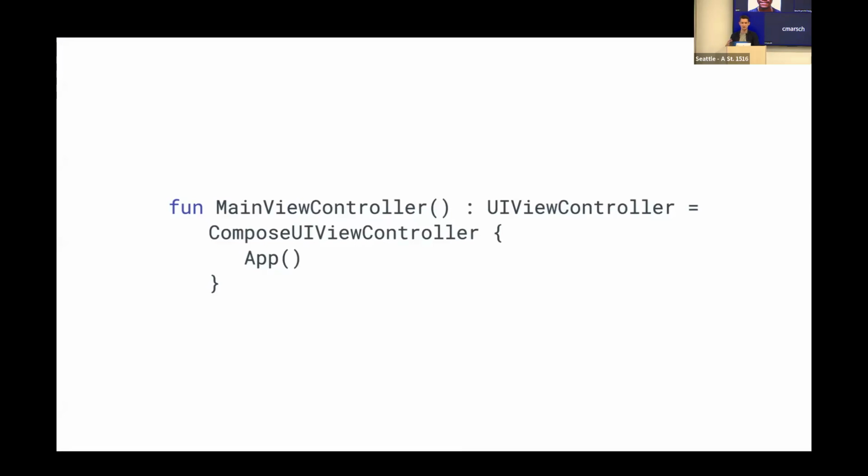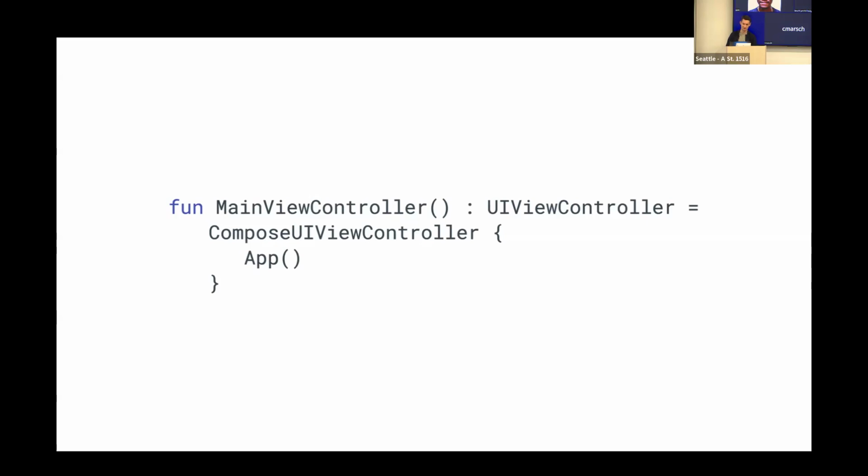A view controller can be thought of as analogous to an activity on Android as an entry point to the application. And here we're just passing in the exact same app composable function, which contains all the UI that we're using on the Android app. The one difference here is that this Compose UI view controller is doing some complicated things under the hood to be able to actually display this Compose UI in the iOS application.